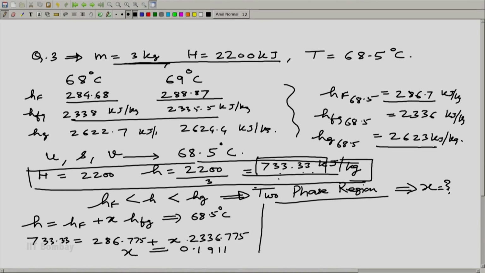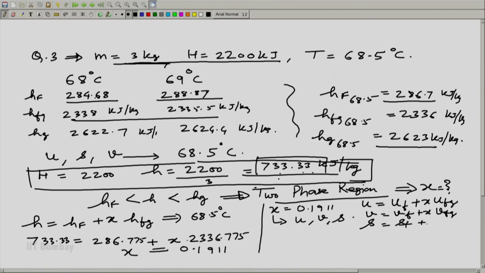Once I get the value of X as 0.1911, I can use the same thing to calculate U, V and S using the formulation U is equal to Uf plus X times Ufg, V is equal to Vf plus X times Vfg, and similarly S is equal to Sf plus X times Sfg.